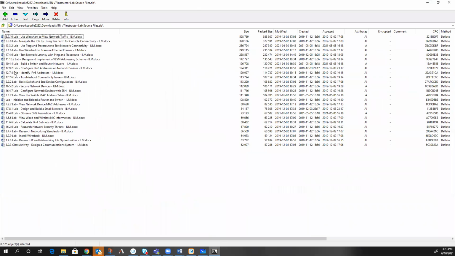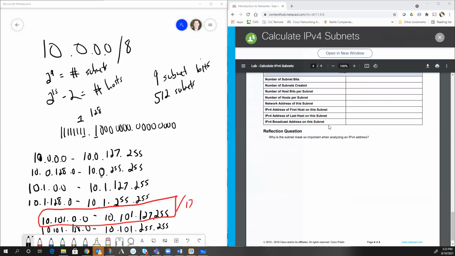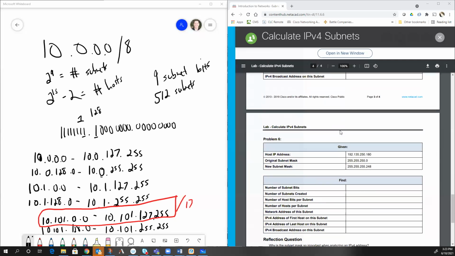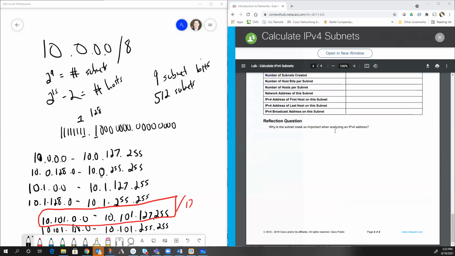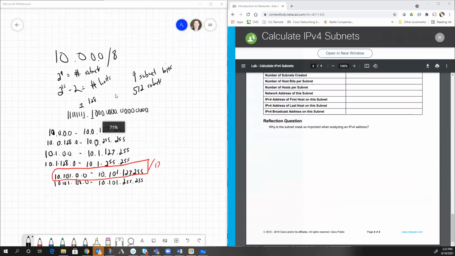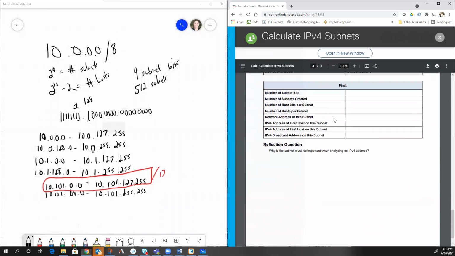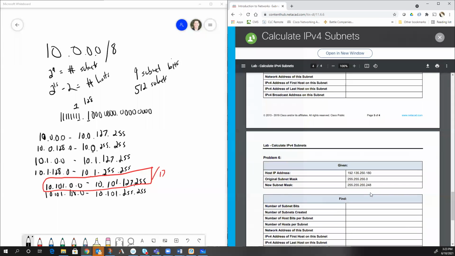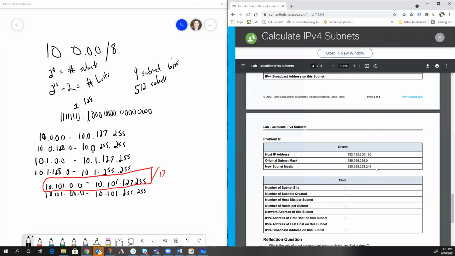I don't even see it on here though. It's not on this one. It's in the other documents. But this would allow you to do the labs and see what the actual answer should be. But this is an excellent little lab. And it's just asking you to use your subnetting knowledge and apply it to subnet mask and how they work.